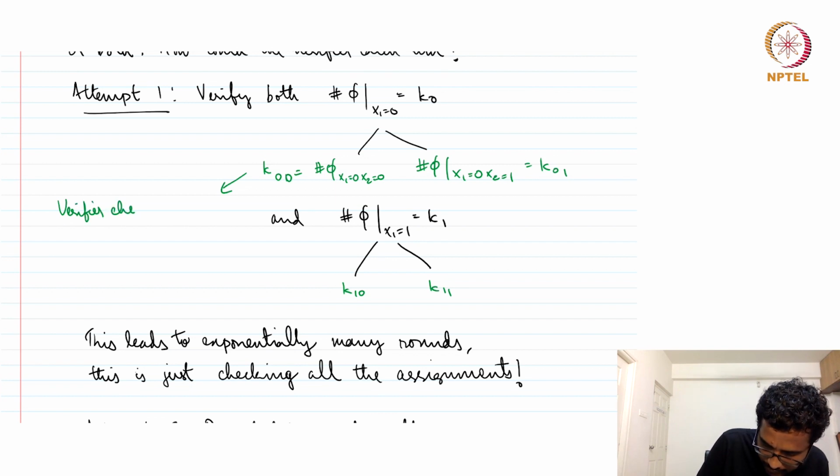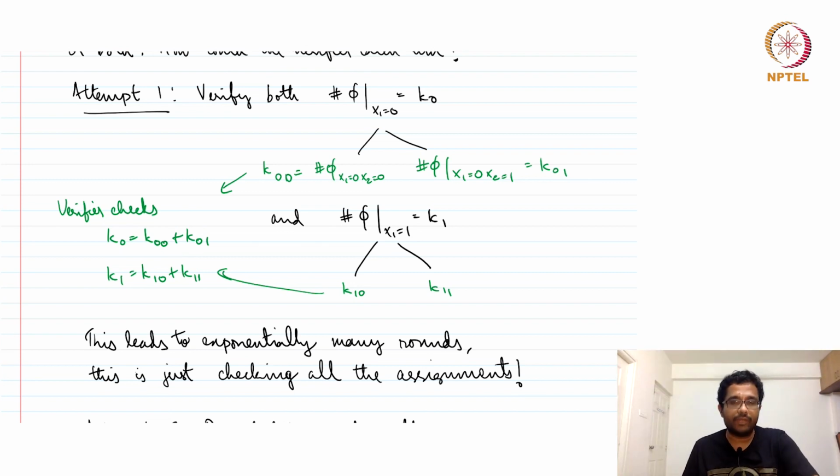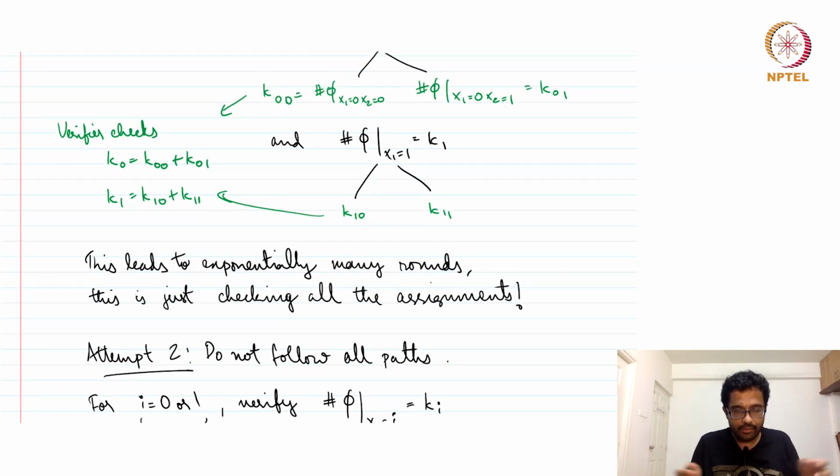Then the verifier checks that k0 is actually k00 plus k01, and over here he checks that k1 is equal to k10 plus k11. This is something that can be done. And now we have the same problem with k00, k01, and so on, k10, k11. But you can see that the number of items to check is exponentially increasing at each step, and at the end this leads to 2 power n many options.